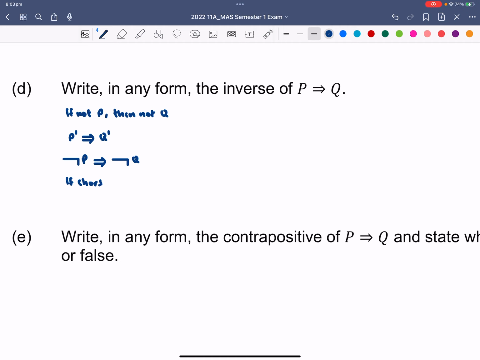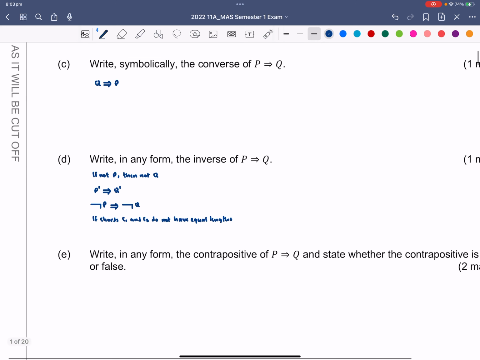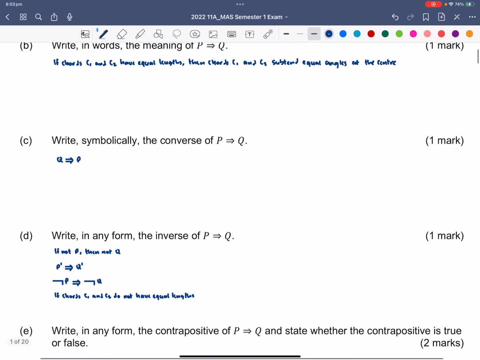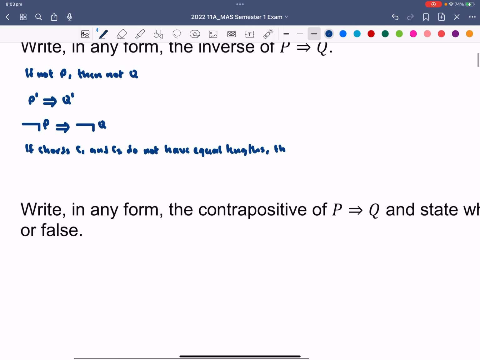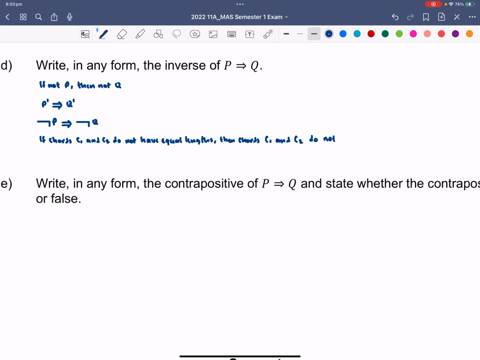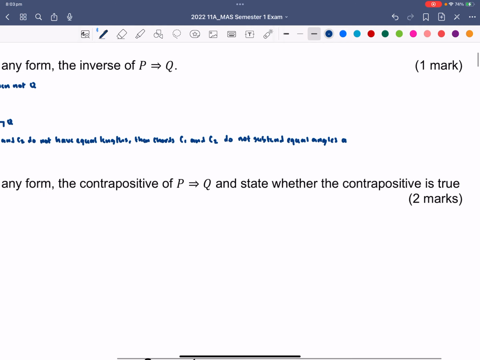If chords C1 and C2 do not have equal lengths, then chords C1 and C2 do not subtend equal angles at the center. Easy as that.